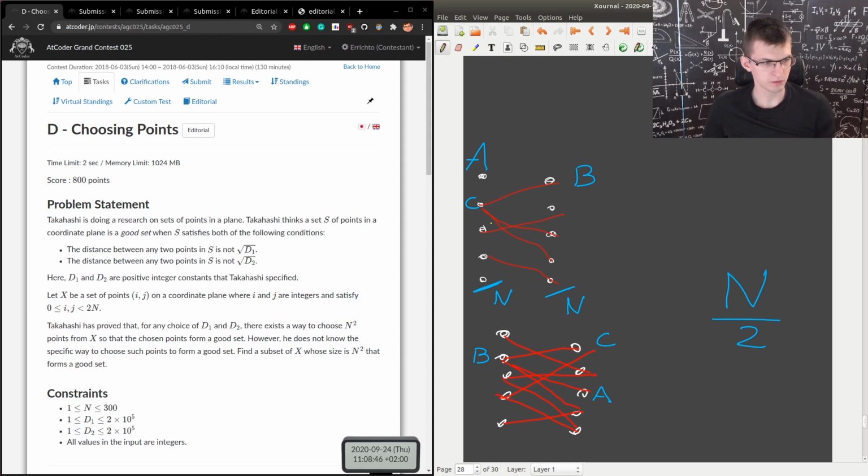For D1 and D2, these are the two graphs. Yes, this is the graph for D1. This is the graph for D2. Independent set in their joint set of edges. Yes, but if I connect that, it stops being bipartite. And then it becomes an NP-hard problem in just a general graph to find an independent set of big size.